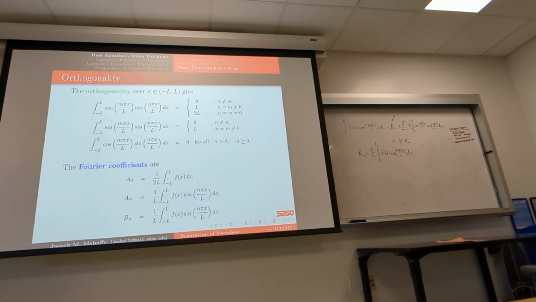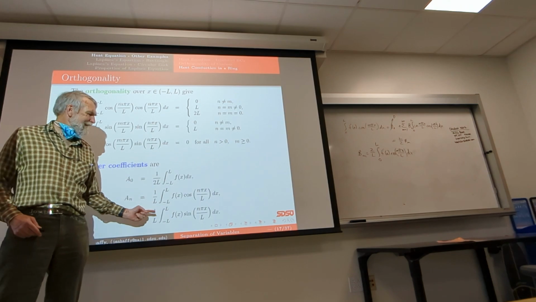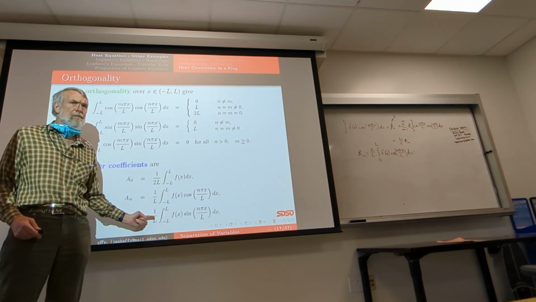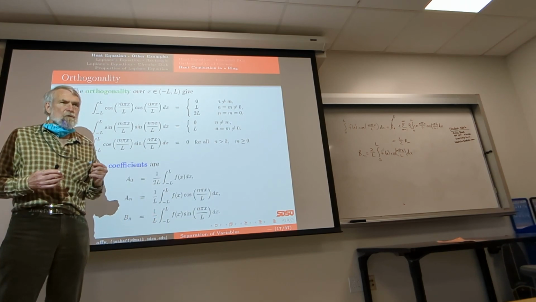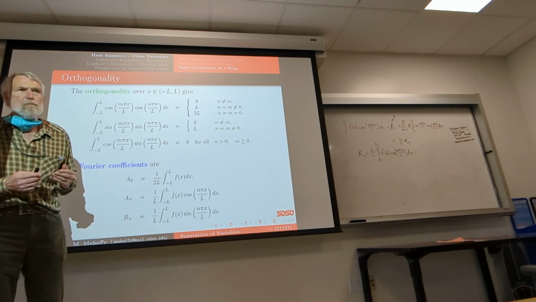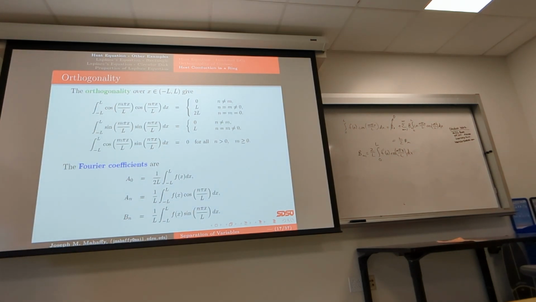It would be 0, right? And if f of x is an even function, this one's 0, okay? So taking advantage of symmetry properties can help you on some of your problems in zeroing out some of your Fourier coefficients.